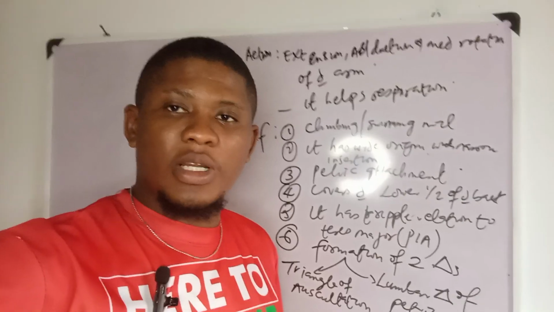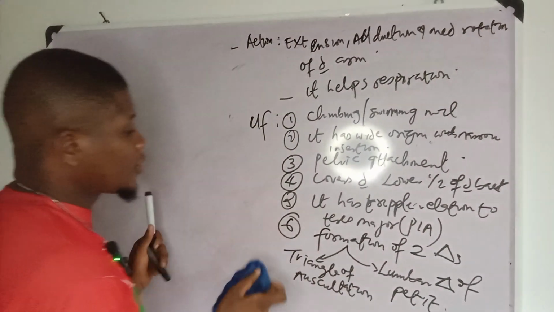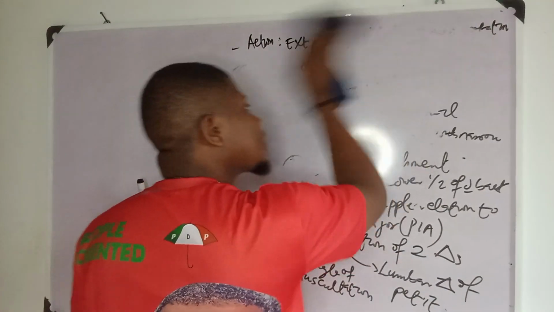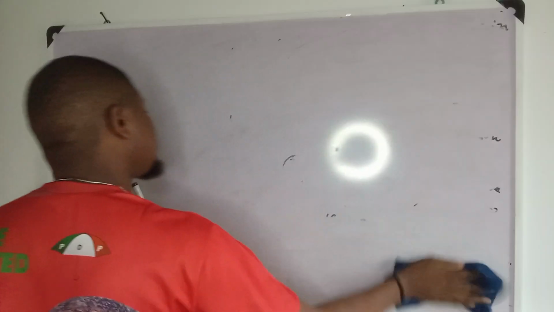Triangle of auscultation and lumbar triangle of Petit. Okay, then let's talk about the boundaries of these triangles.